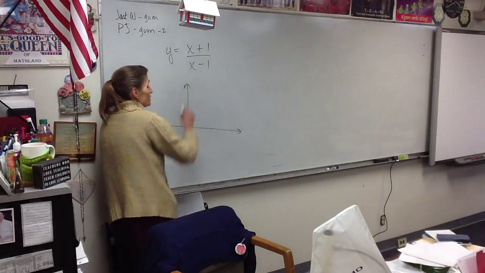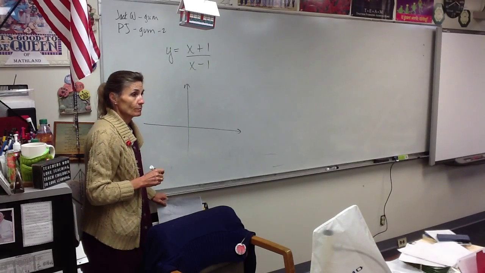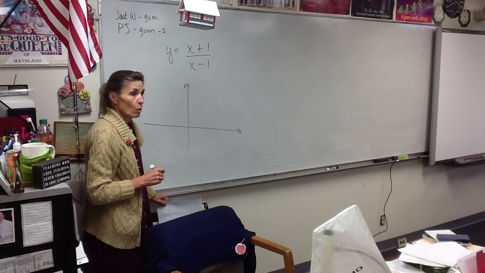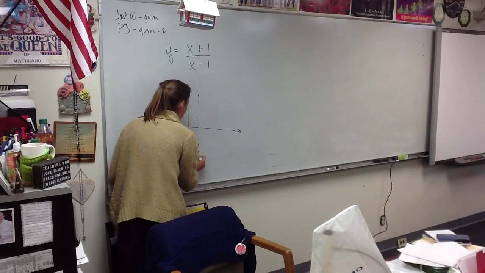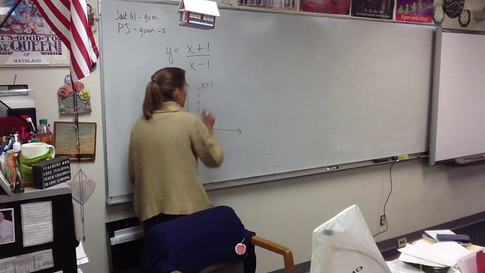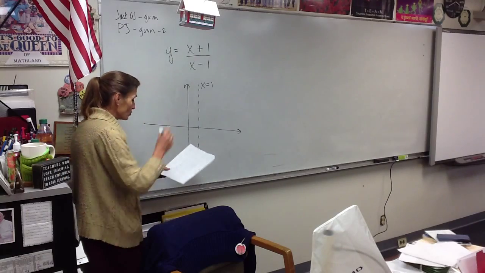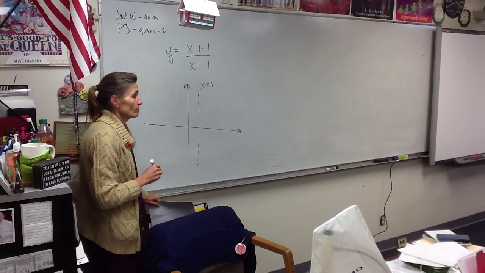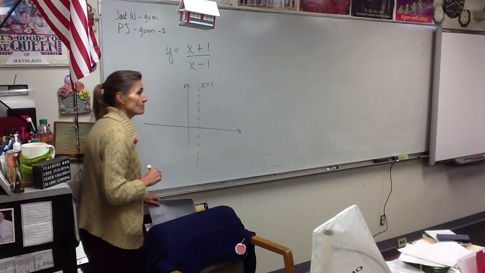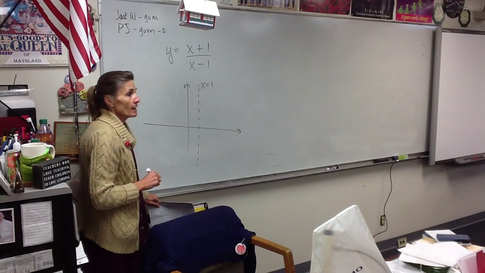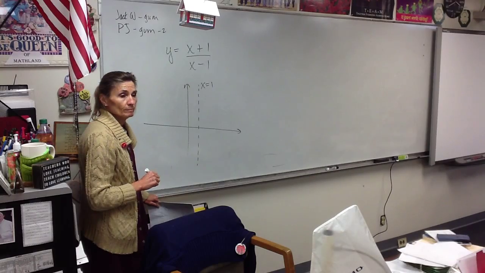What number would make that 0? 1. So we're going to have a vertical asymptote where x equals 1. So that's what you draw on your paper. A vertical, that means up and down, asymptote, dash line, x equals 1.